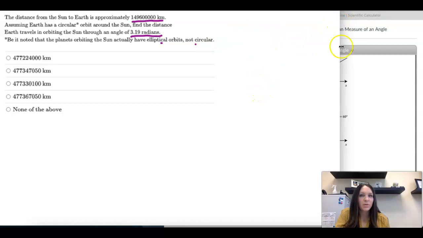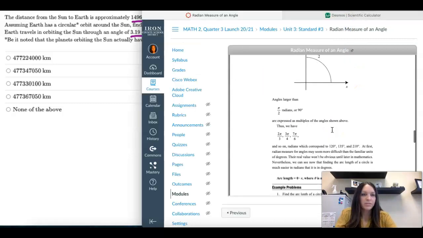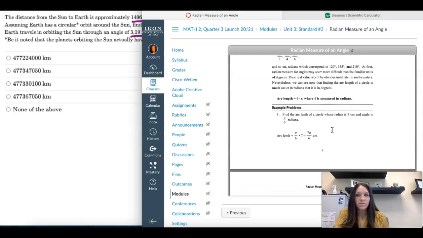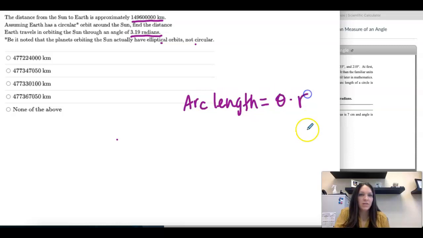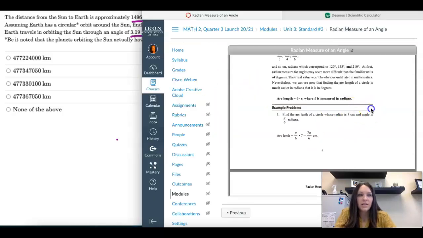So this is one where we're using this formula. Arc length is theta times r. Theta is radians.